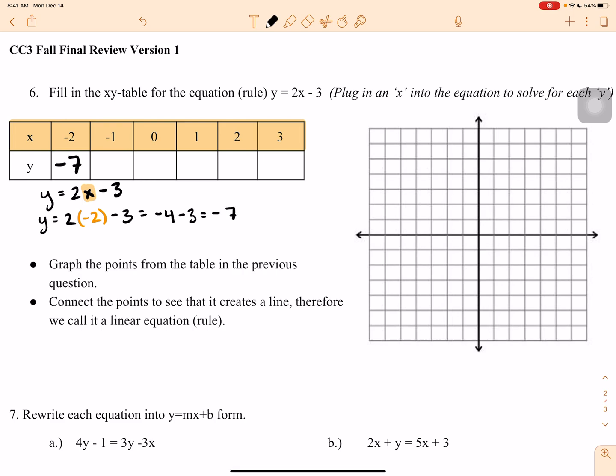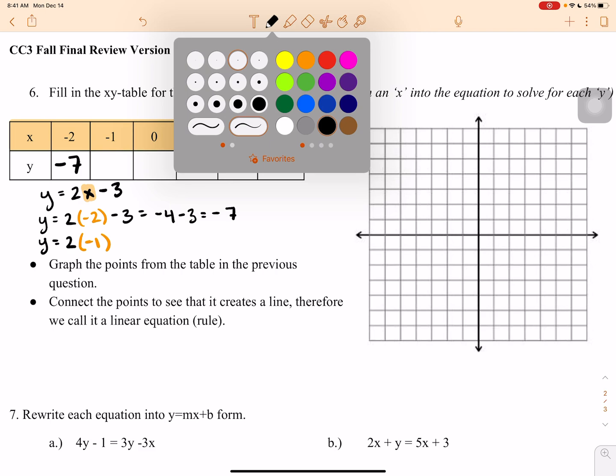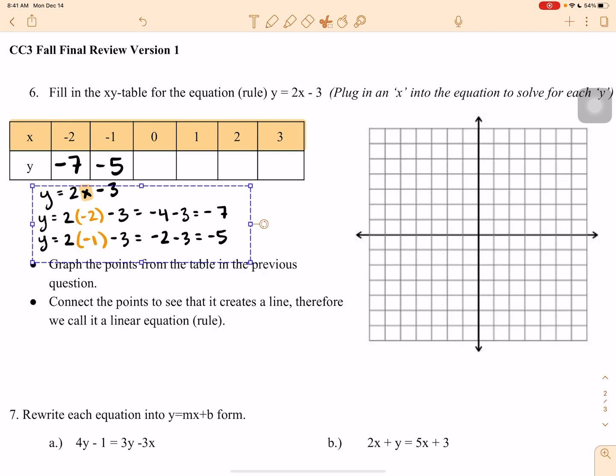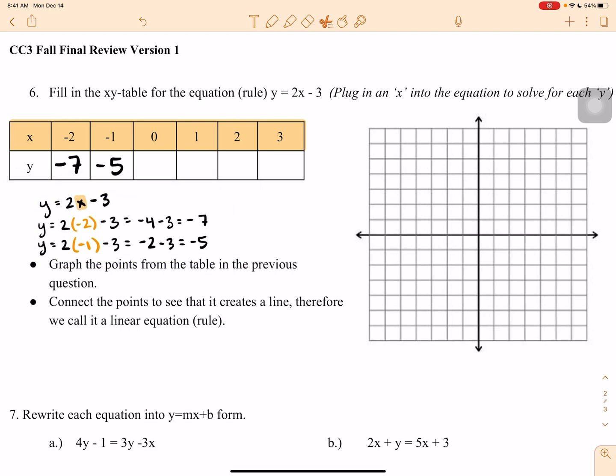Okay, so now if I wanted to plug in a -1, which is my next input for x there, 2 times -1 is -2, minus 3 is -5. And now we start to notice, remember the 2 in this equation, that is the growth or the slope.